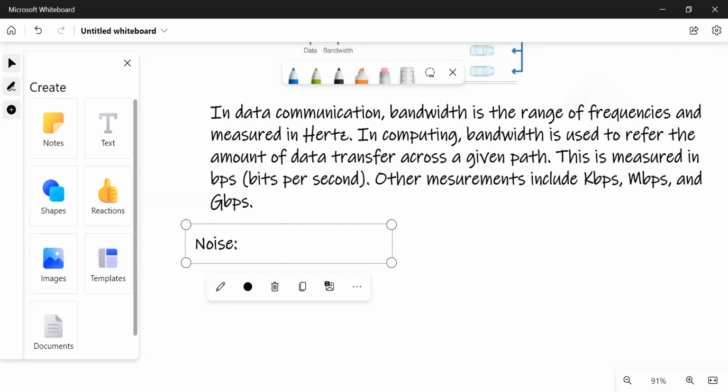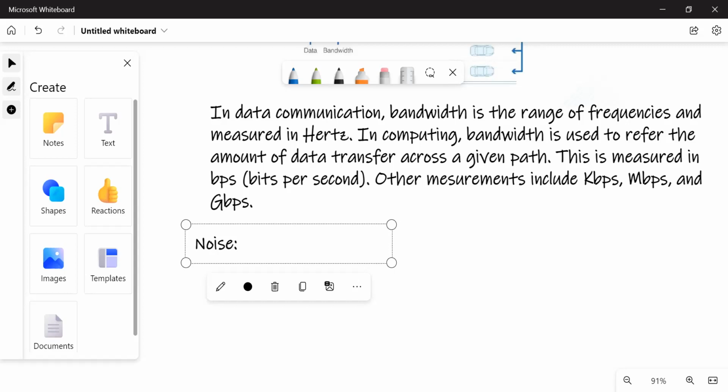There are different types of noise. The noise actually harms the data transmission. We need to send something, but additional signals come into the transmitted signals.